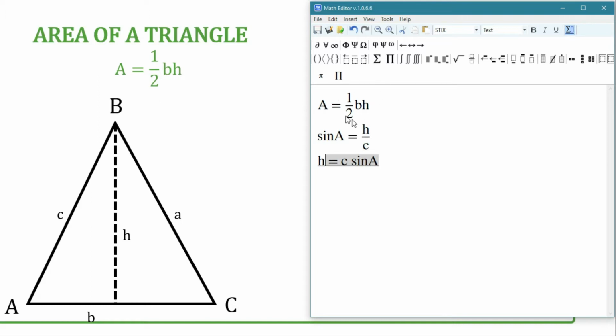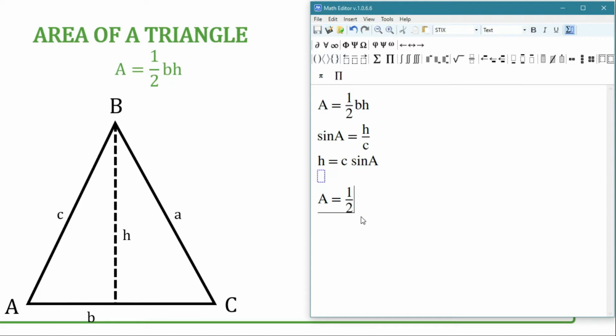Okay? So from what we got here, pwede natin siyang i-substitute to the basic formula of the area of a triangle. The area of a triangle is equal to 1/2 multiplied by the base, and the base can actually be any side of a triangle with respect to an angle.